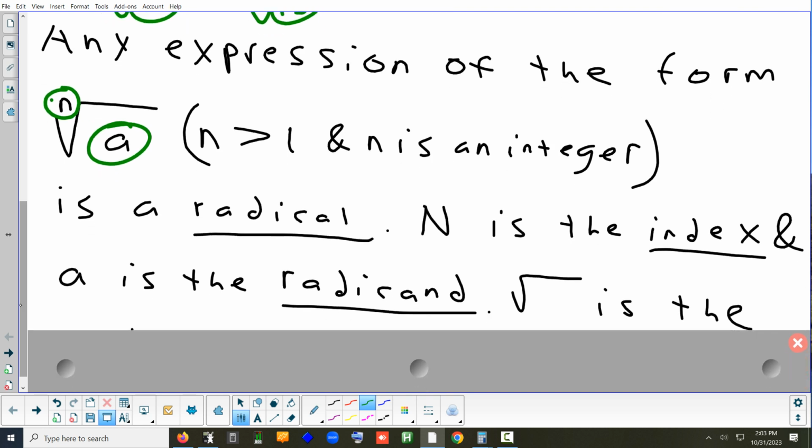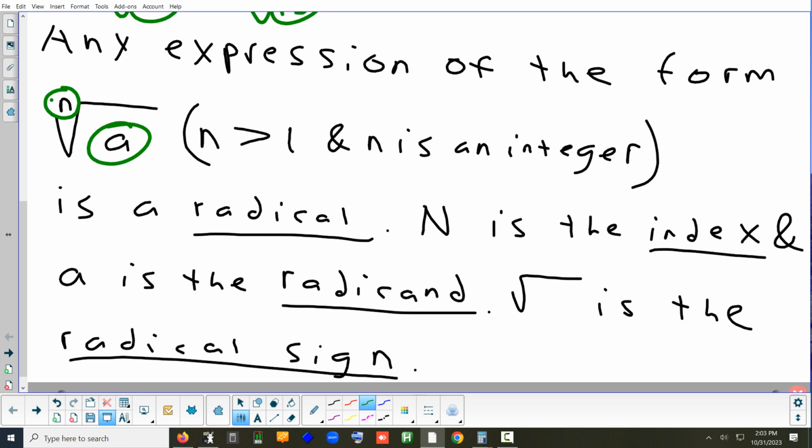Okay, so the number on the outside is called the index. What's underneath it is called the radicand. And that symbol, that's just called the radical sign. Whether it's a square root radical sign or a cube root radical sign, that part doesn't really matter. A little bit of vocabulary just to start off. Any questions on any of those words?